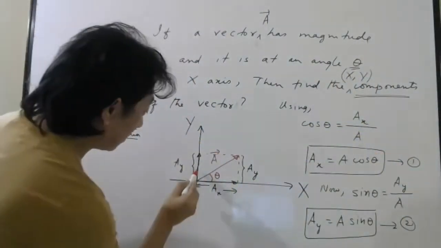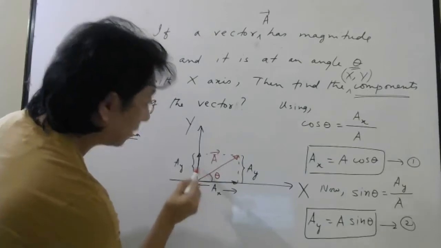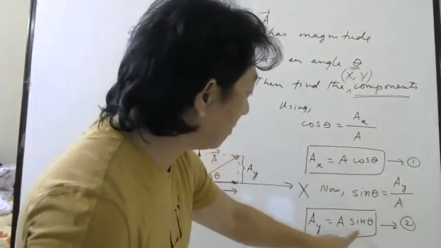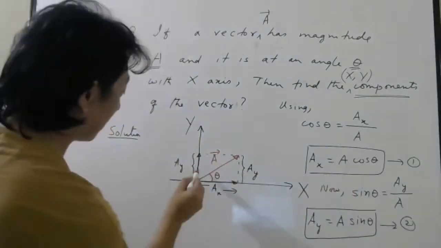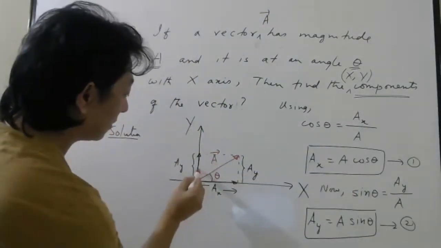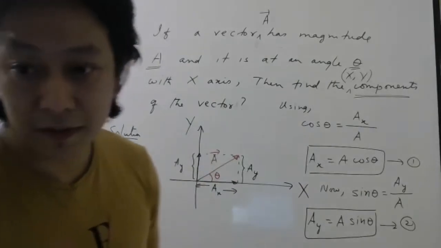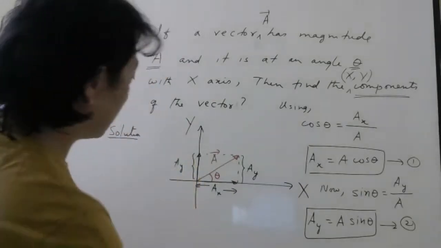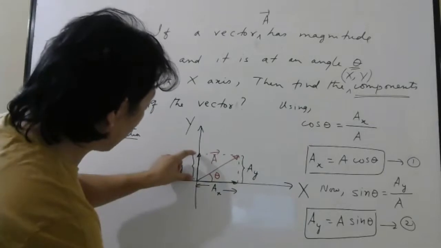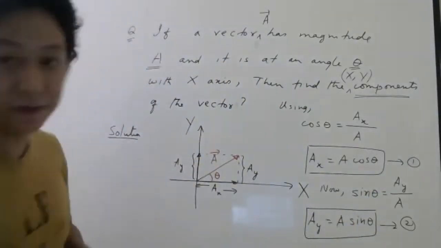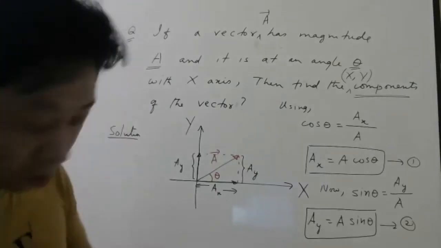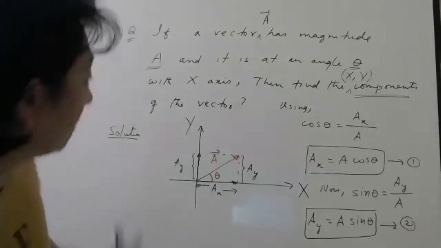So if this is theta, then what will be here and what will be here? If this was theta, then this one will become cos and this one will become sin. Okay, I hope you all understood. Let me explain once more.